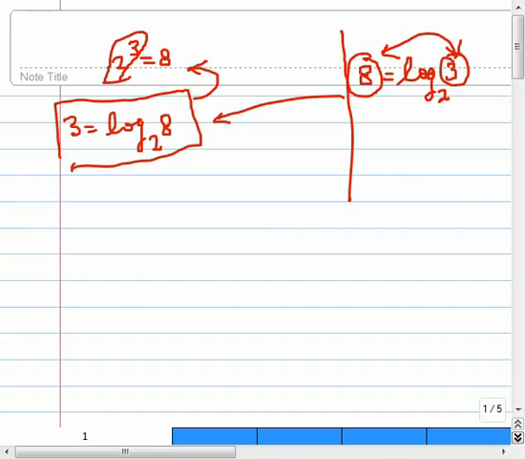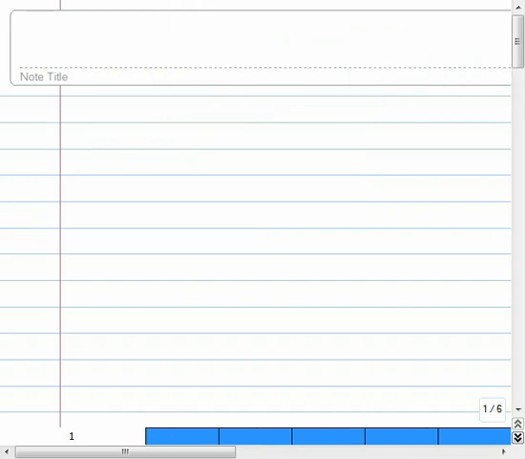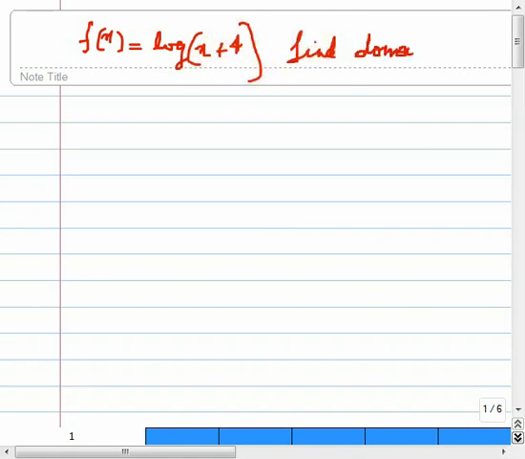Another question is, find the domain of these functions. f(x) is equal to log(x plus 4). Find domain. As we already know, for a function y is equal to log a x, the domain is, that is what values x can take, is x greater than 0.